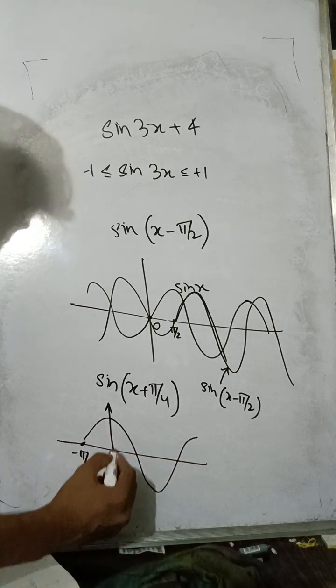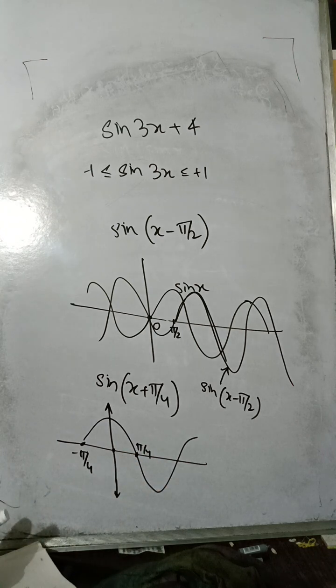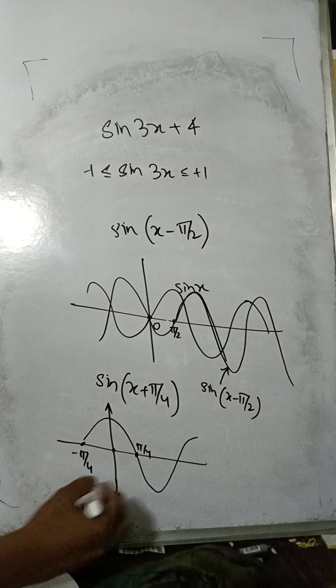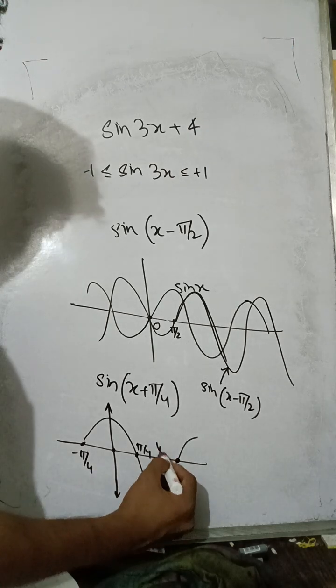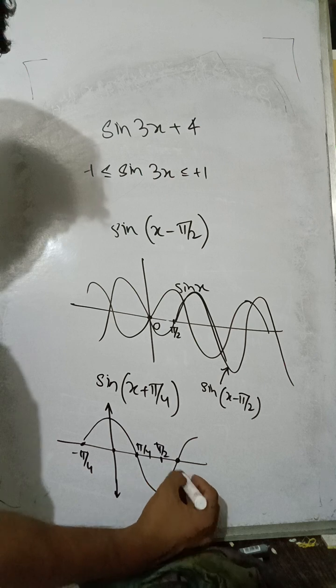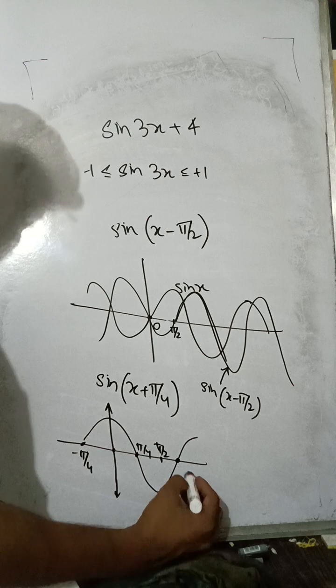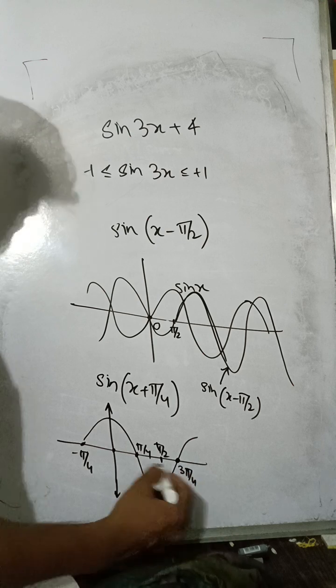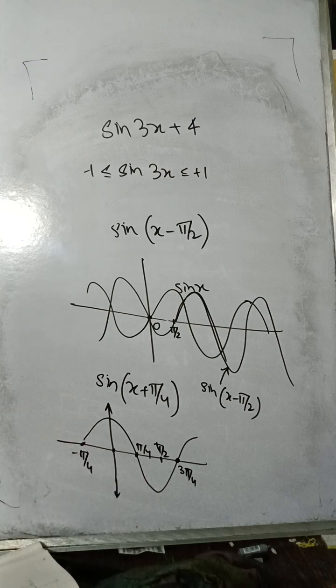This is pi by 4, this is again pi by 4 added, so 3 pi by 4 and so on. So this is basically sine x plus pi by 4.